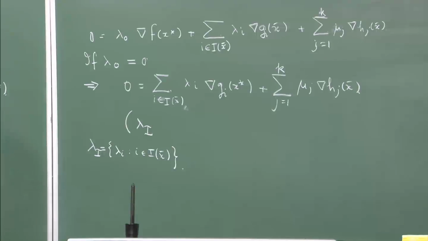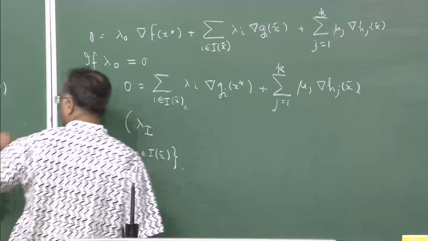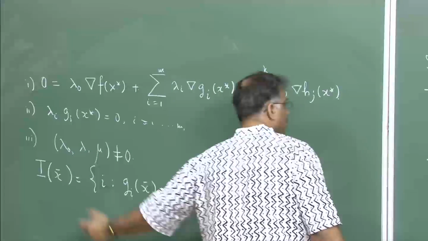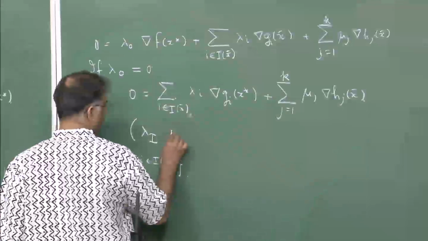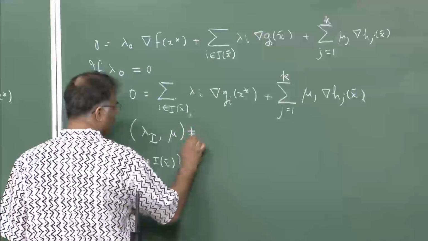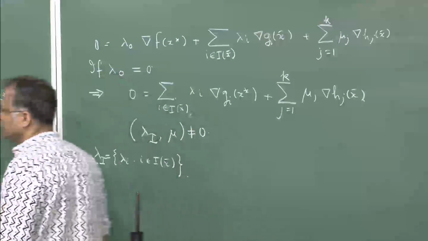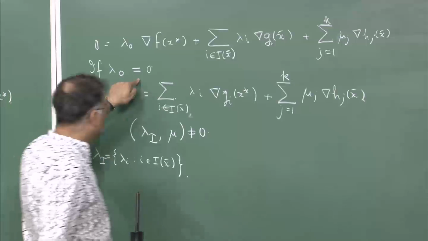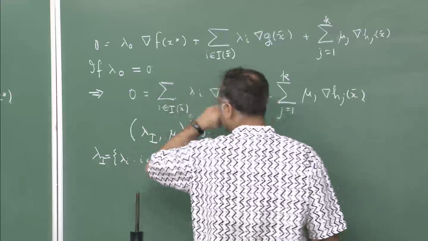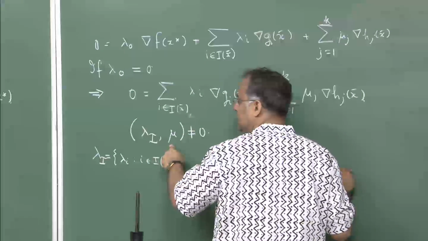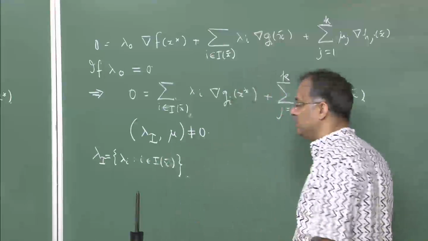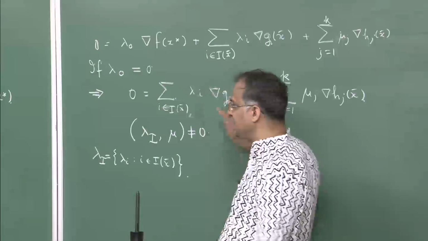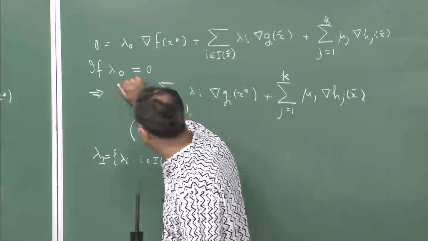Because lambda naught is 0, but the whole set of multipliers cannot be 0, this part, lambda i and mu, has to be not equal to 0. So, if lambda naught is equal to 0, then this would be 0 with this vector not equal to 0. So, lambda naught equal to 0 implies these two conditions.